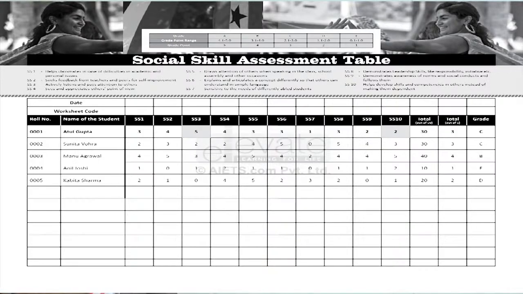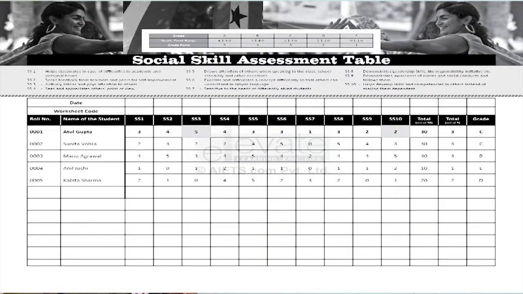In this lesson we discussed that we are assessing two skills, social skill number 3 and social skill number 10. In social skill number 3, Atul has got 5 marks out of 5, and in social skill number 10, he gets only 2 marks.